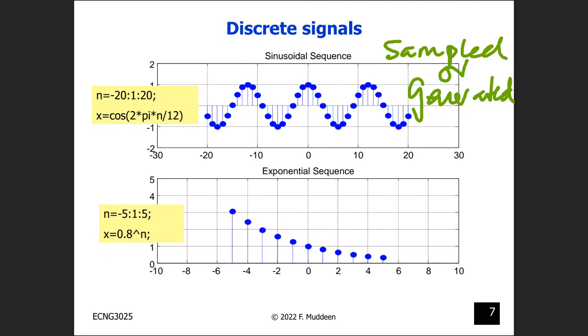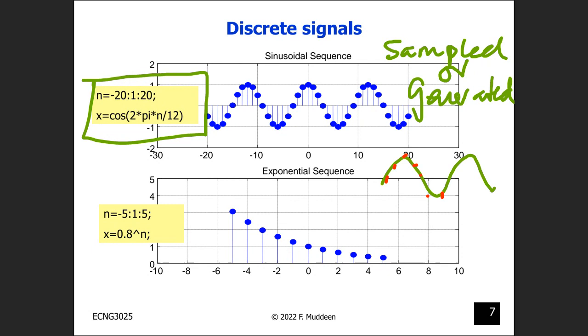For the sequence that we have on top here, if you forget this for the time being and just look at the dots, you really can't tell if that was generated, or if it was a continuous-time signal that somebody sampled at those instances to give you that.